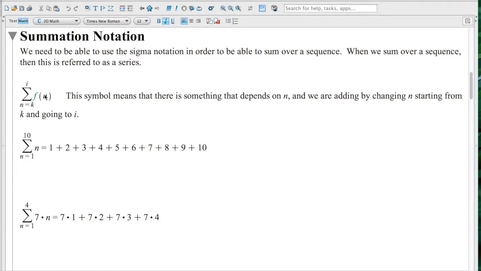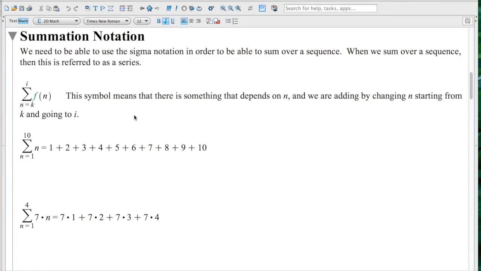Here, this is a function of n. It is some mathematical operation that will have the integer n in it. For example, it could be 1 over n, or n to the third power. After the n changes, there will be an addition sign put in. So this sigma is summing.